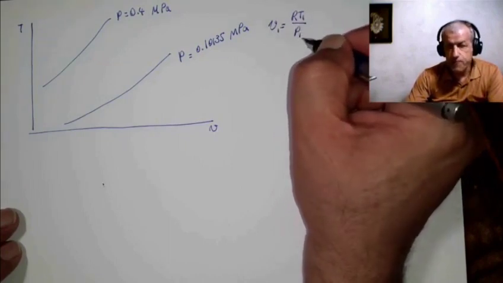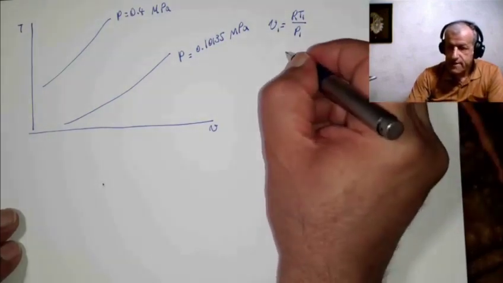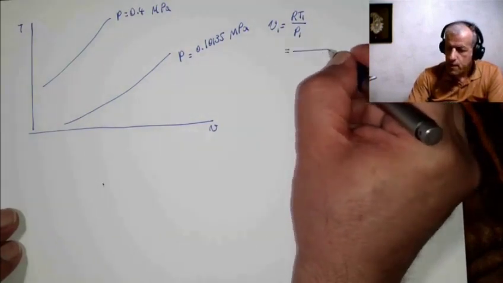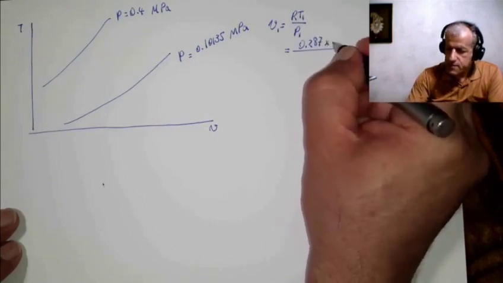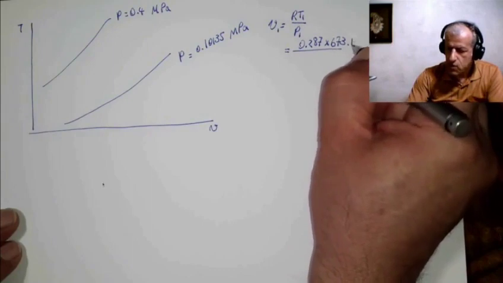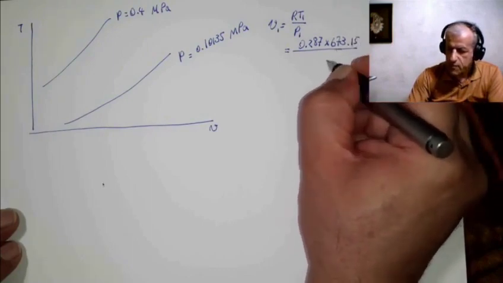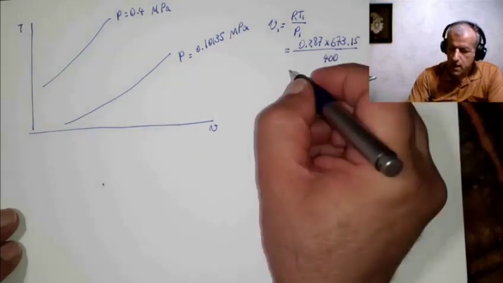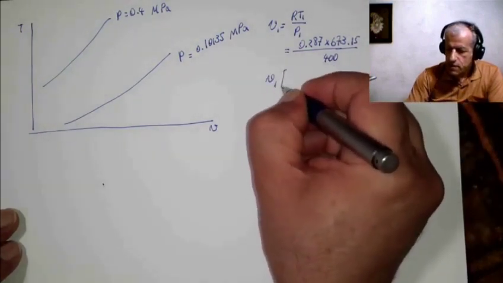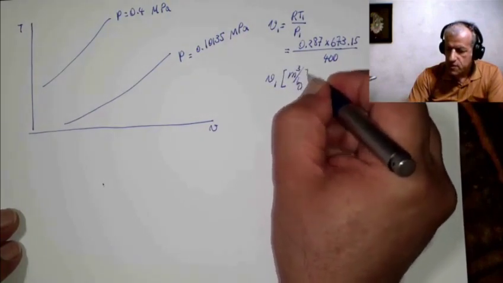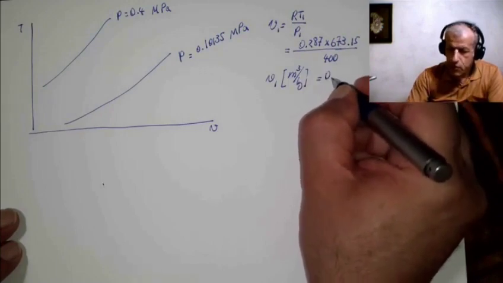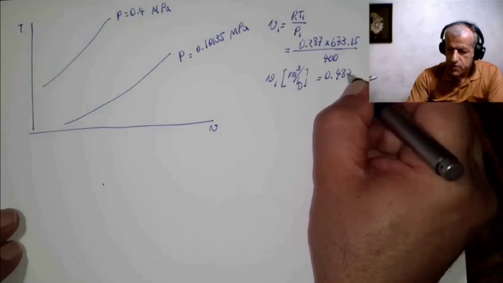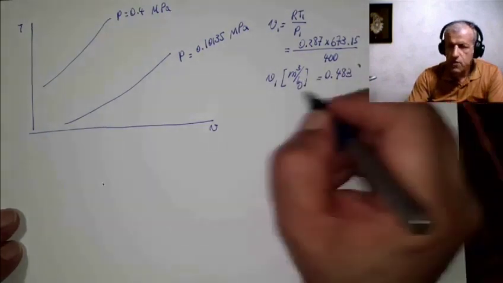This is the equation of state for perfect gas, and that equals 0.287 times 673.15 divided by 400, and therefore V1 would be 0.483 cubic meters per kilogram.